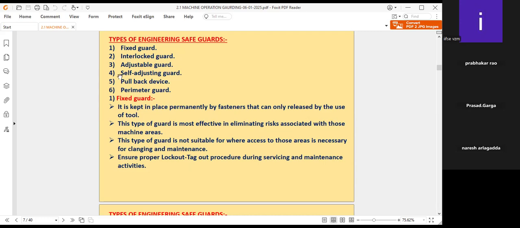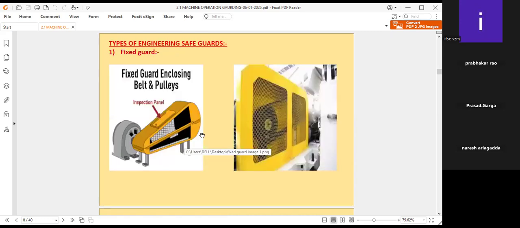The example is the fixed guard. This is fixed, where we cannot simply remove it. We have to remove it with cutting and all, or we have to put bolt and nut also. Sometimes in an organization, a new machine is welded. After the breakdown is over, they cut it using oxyacetylene cutting and afterwards put the bolt and nut.